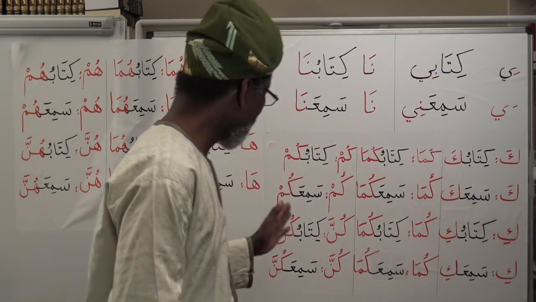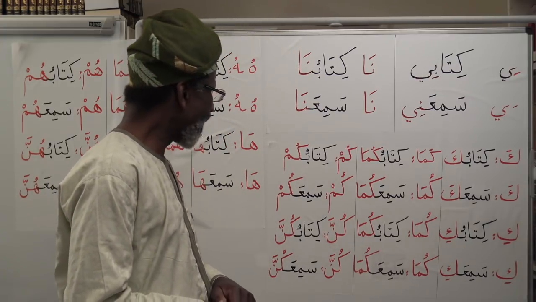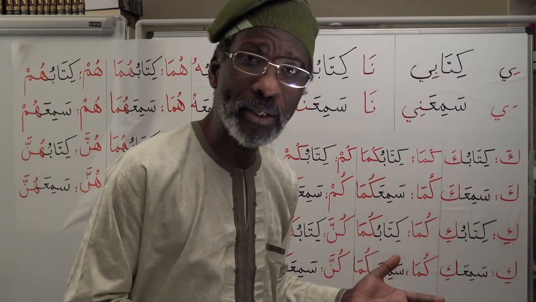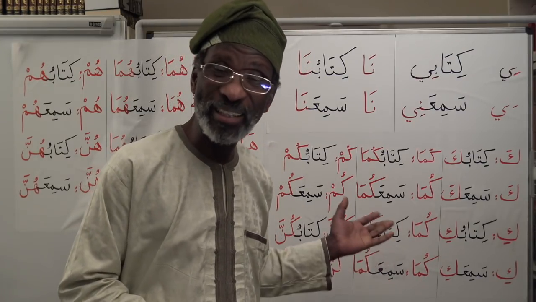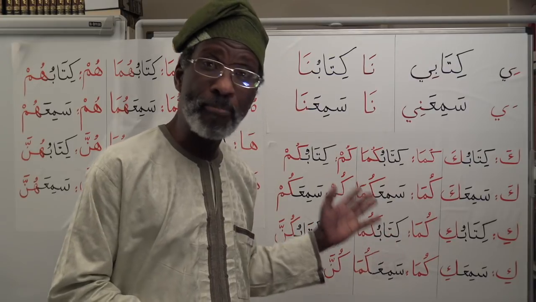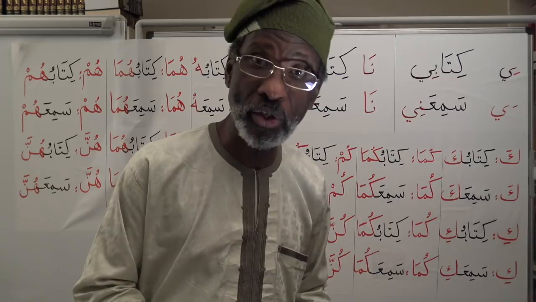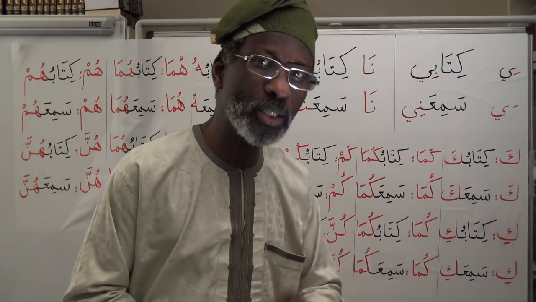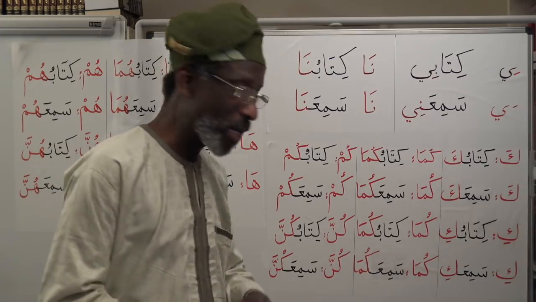Again, that's the ending for plural men. Later on, you will know more about this because you can look at the grammatical position of this pronoun. Sometimes they're actually in the genitive, sometimes it's the accusative, sometimes in nominative. All that will be explained much later, inshallah, God willing.